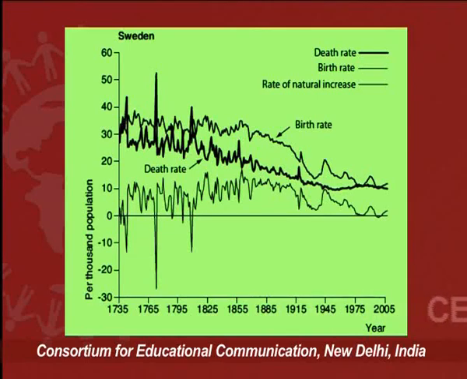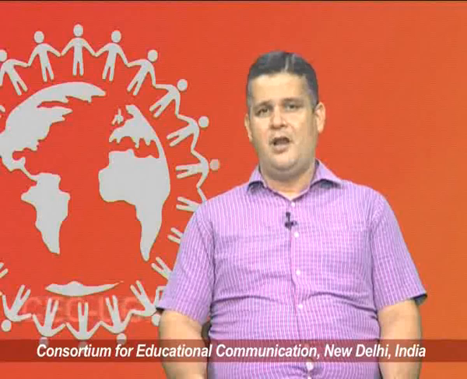Basically, the top line is the birth rate, the lower line is the death rate, and the third one, the lowest one, is the natural increase. You see that in the beginning, the gap between birth and death rate is relatively small, and therefore, if you look at the lowest line, the net increase in the population is very, very small during the middle of the 18th century.